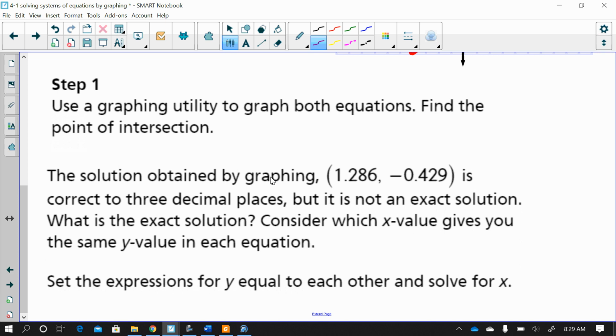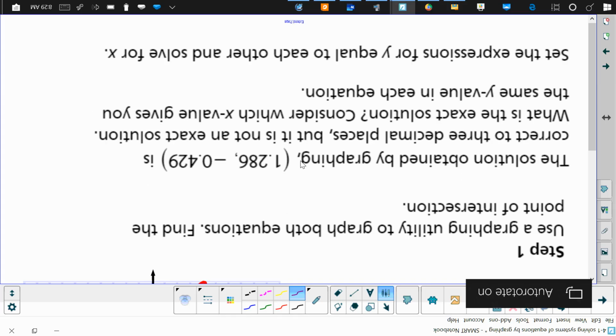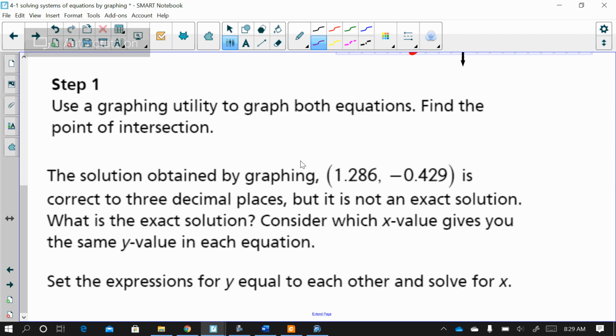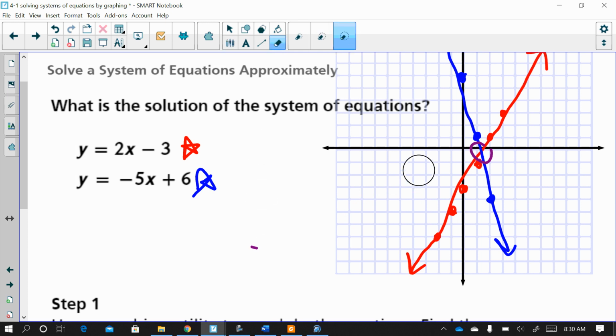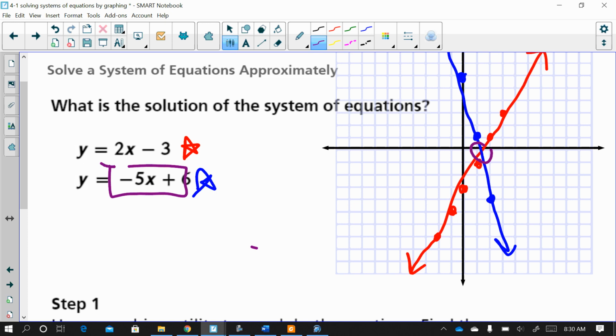So instead of finding it approximately and just giving our best guess, we can set the expressions for y equal to each other and then solve. Since these are both y equals, I can replace this y with this stuff. So negative 5x plus 6 is equal to 2x minus 3.